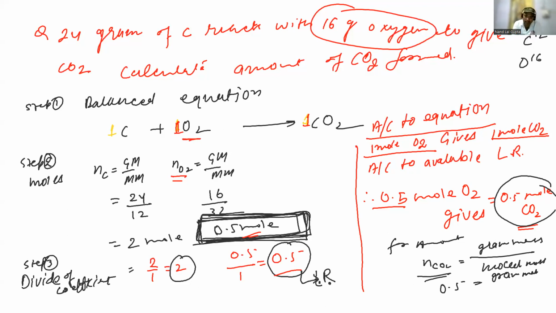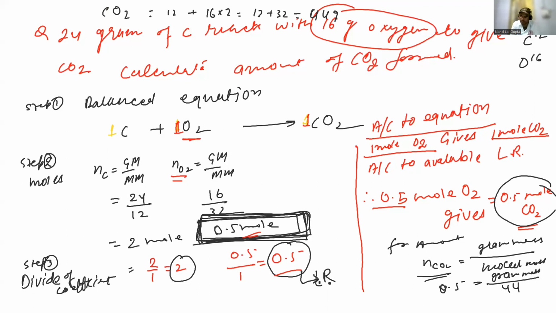What is the molar mass of CO2? Carbon is 12, oxygen is 16 multiplied by 2, so 12 plus 32. How much will come? 44. Yes or no? 44.